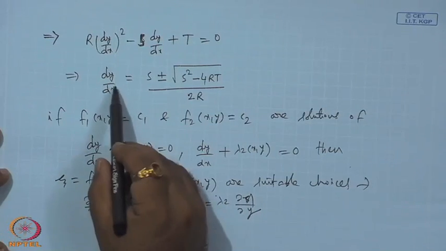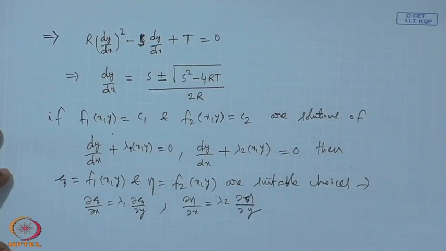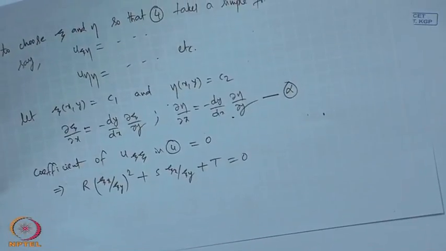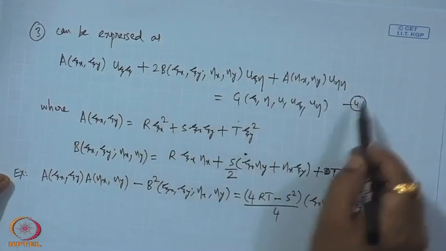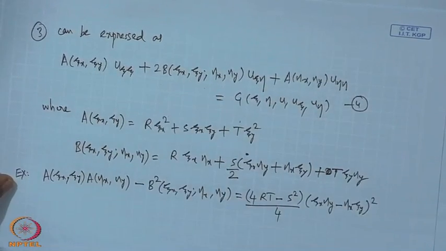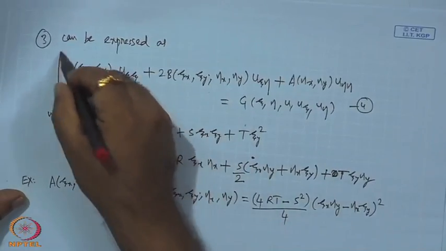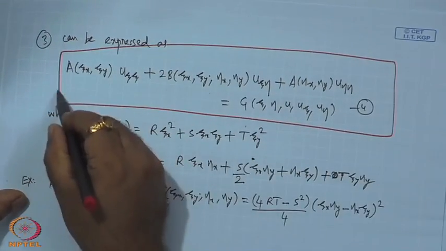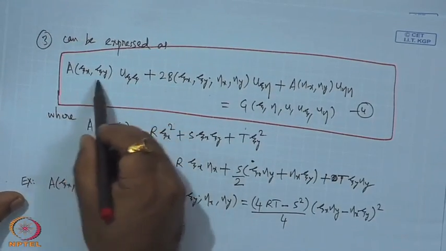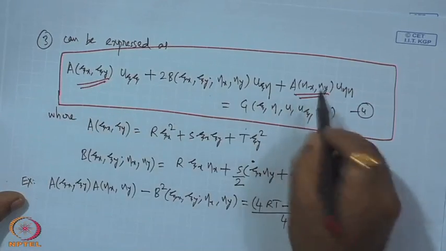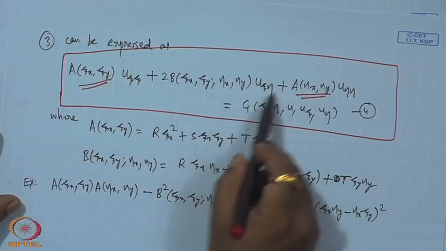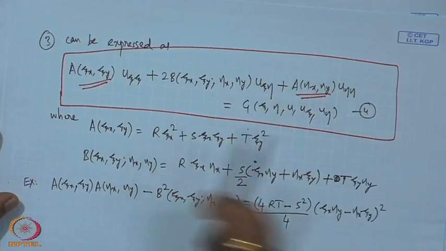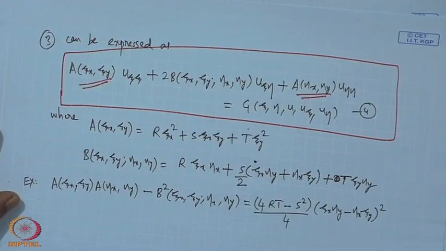See, we are forcing the coefficient of this, I will explain. The coefficient of this is this, so we expect it must reduce to a simple form. For example, we want this coefficient to be killed so that we get a nice form that can be integrated very easily.